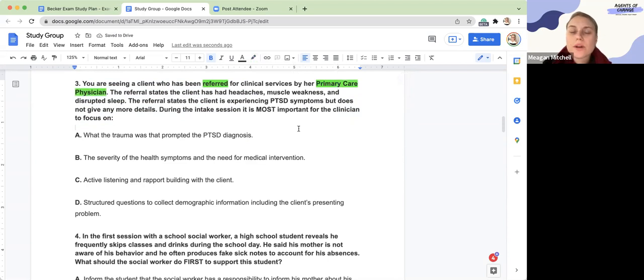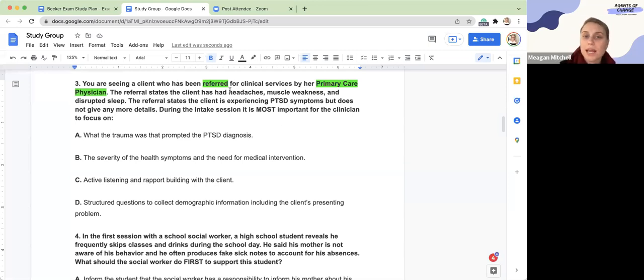If you get a referral from a primary care physician, what's coming to your mind? Symptomology, yes, medical. It also suggests that they've been seen by a medical professional, right? A primary care doctor would not just give you a referral without seeing the client, because they're giving you medical clinical information.